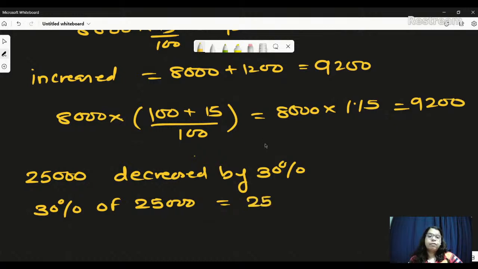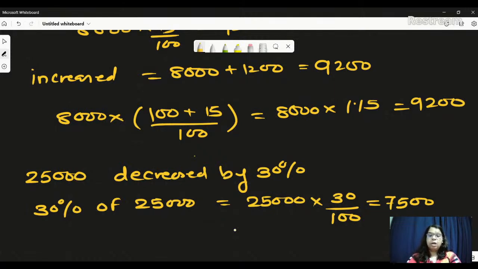It's 25,000 multiplied by 30 over 100, which is equal to 7,500, if I'm not wrong. Let's confirm it on the calculator. Now this is a decrease percentage, so we are going to find out how much we have to subtract.